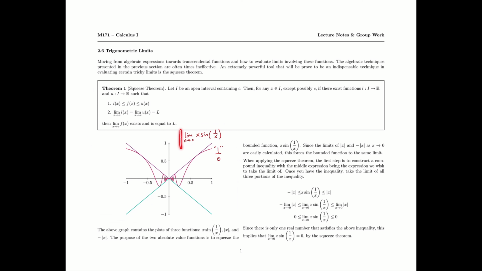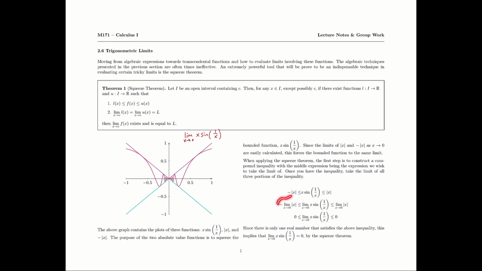So we can't actually evaluate this by direct substitution because it's not continuous at that location. Clearly, if we plug in 0, we run into issues. So this function is discontinuous at x equals 0. So the way that we calculate such a limit here is we first figure out, through some algebraic means, that this expression, x sine of 1 over x, is actually between these two functions.